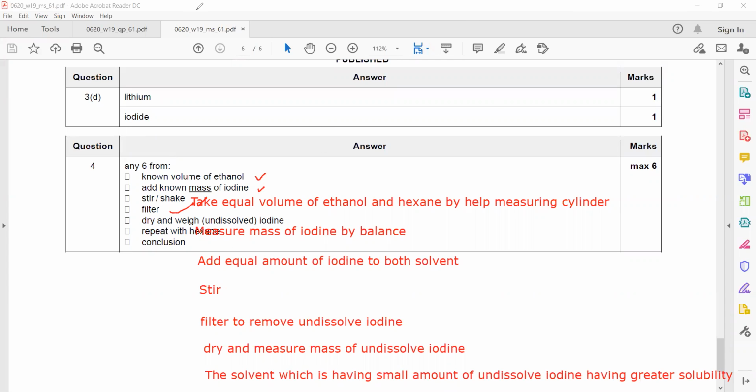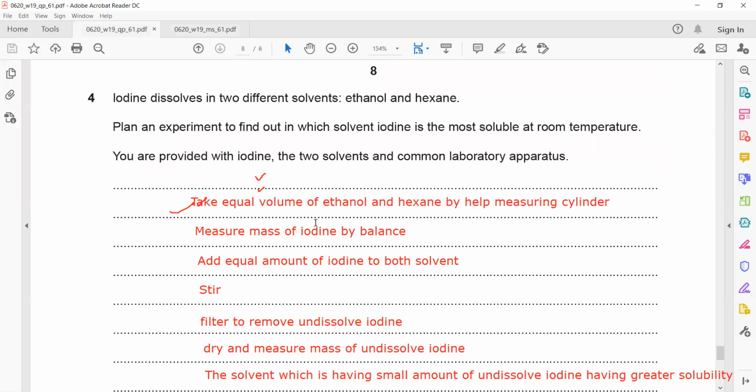You don't find this exact experiment in the book, but it's based on your understanding. It's your general understanding of chemistry. There is no specific chapter where you learn how to identify solubility. So you can plan the experiment in your own way. If it is valid in terms of chemistry, then you will get the marks.